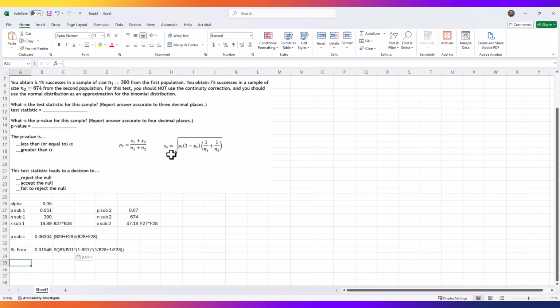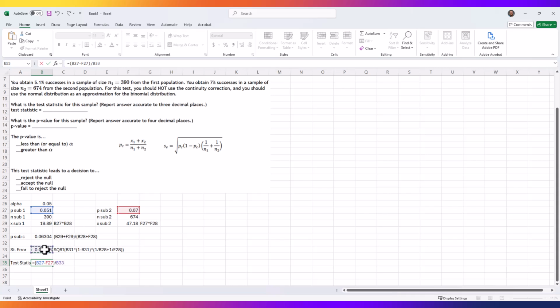we have one more formula that we need to use, and we need to find the test statistic. To do that, we actually take p sub 1 minus p sub 2, and we want to divide that by our standard error. So I'm going to grab these unrounded p sub 1 minus p sub 2, which I guess we were given those, and then divide by our standard error here.